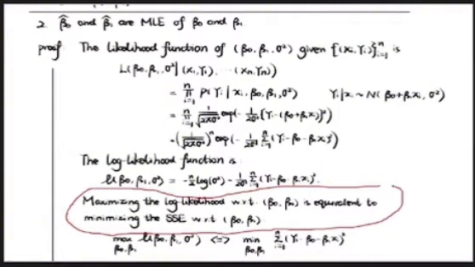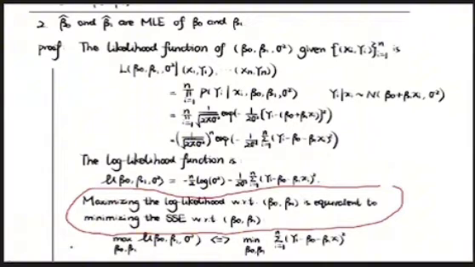In one, you are minimizing the sum of square error. In another one, you are maximizing the likelihood. Whether minimizing or maximizing, it is an optimization technique. So take a look at that.